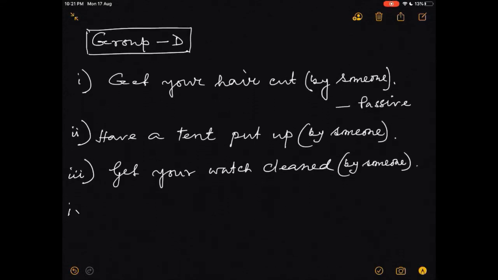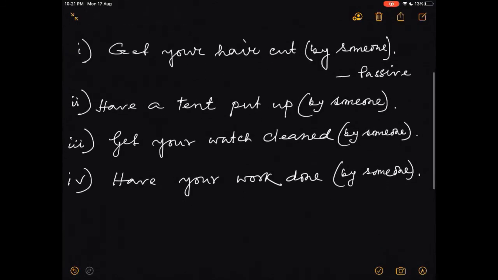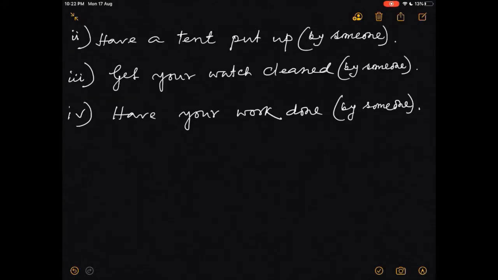Number 4, have your work done by someone. They are all in the passive voice, so we will turn them into active voice.